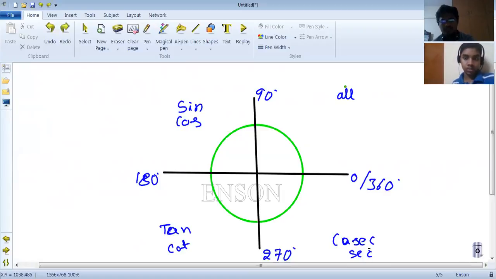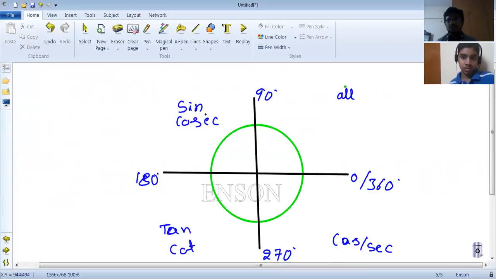Here I'm just getting confused, one minute. So this is the cot only. Sine's opposite, 1 by sine, will be cosecant, and 1 by cos will be secant. So in the second quadrant, sine and cosecant will be positive.